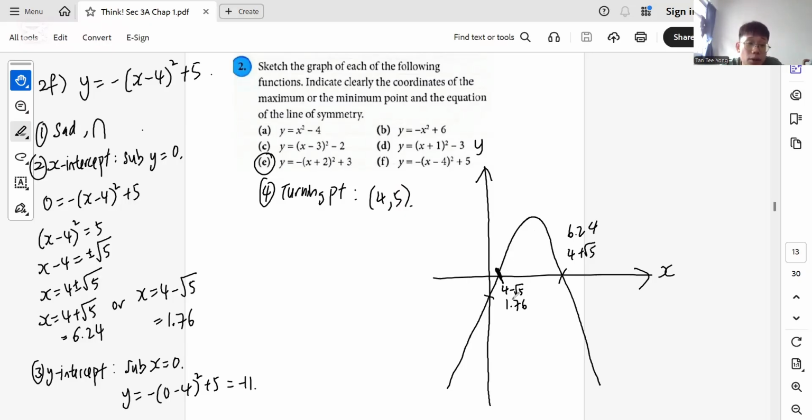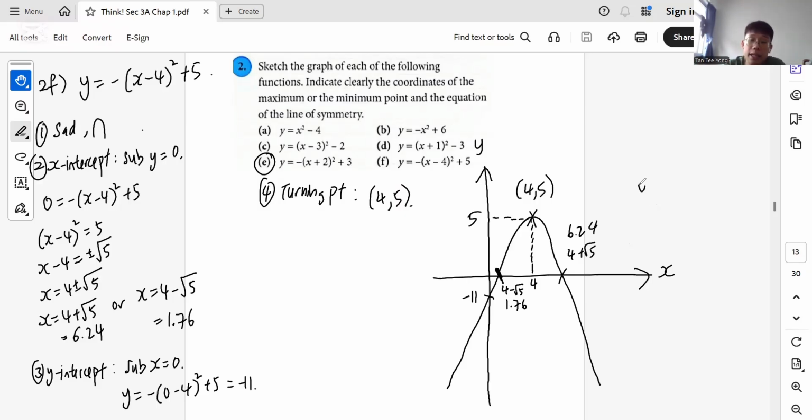Then the y-intercept is -11. Maybe I should have drawn it a bit lower, a bit sharper, but it's okay. So -11 over here. Then the turning point is on top, so this is (4, 5): this is 5, and this is 4.